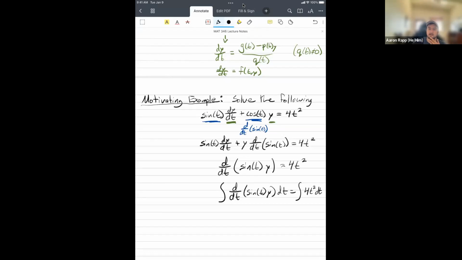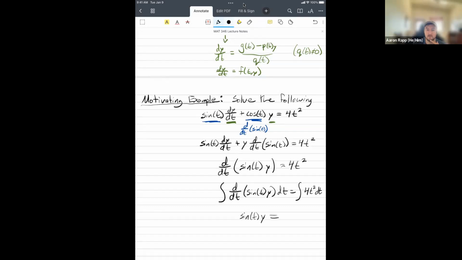On the left-hand side, antiderivative of a derivative. What happens to those two things? Yeah, they cancel each other out, leaving you with just what? The sine t times what? Oh, yeah, y. Yeah, sine of t times y.